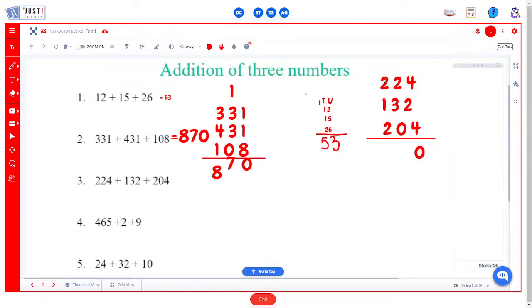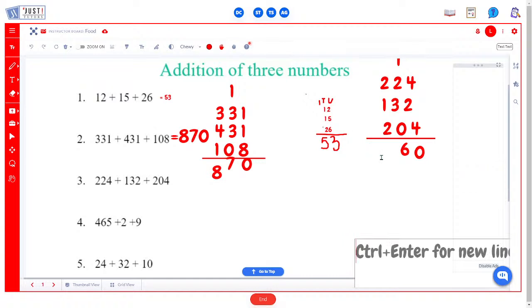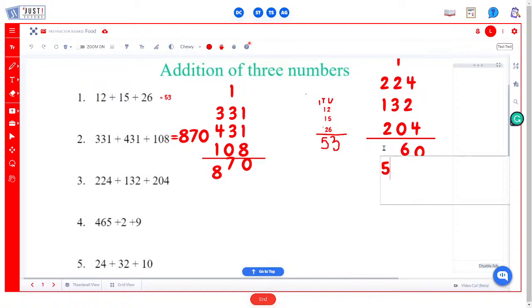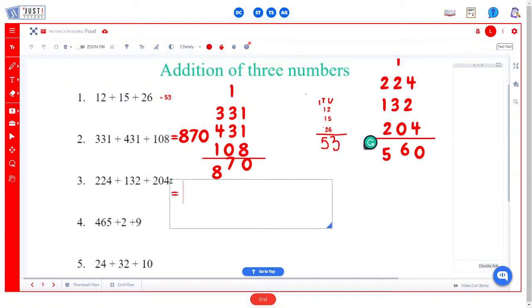So I would put a 0 and a 1 on top. Now 2 add 3 is 5, add the 1 is 6. So 6, and 2 add 2 is 4, add the 1 is 5. So what is my final answer? 560, right? Yes.